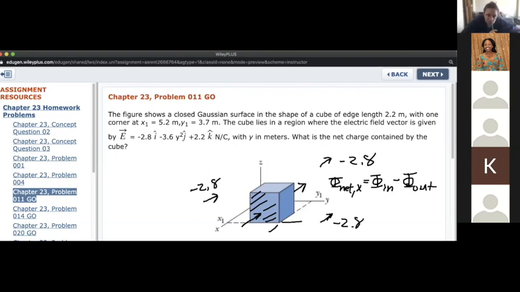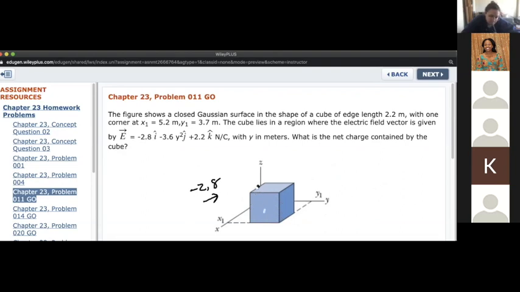It doesn't change. So flux going in equals the flux going out because our equation for the x direction does not depend on x. That's really important because we don't need to worry about the x direction. Okay, so let's erase everything. That was for the x direction.